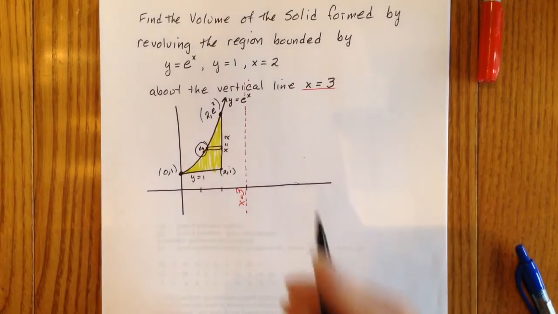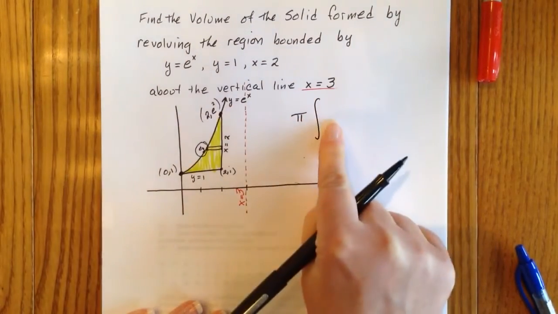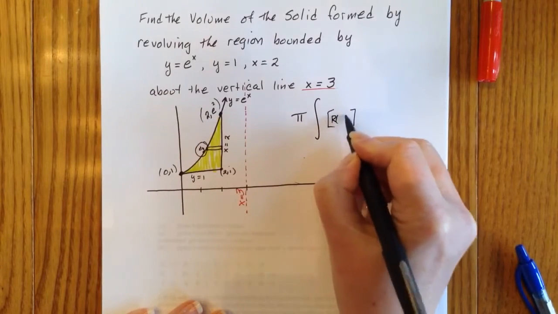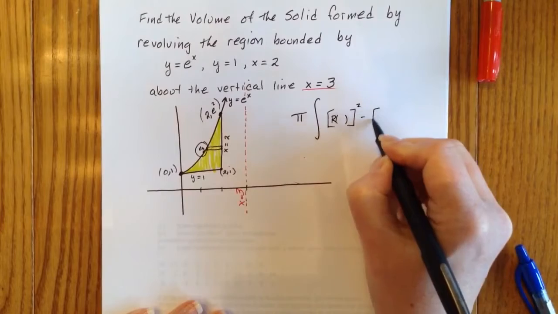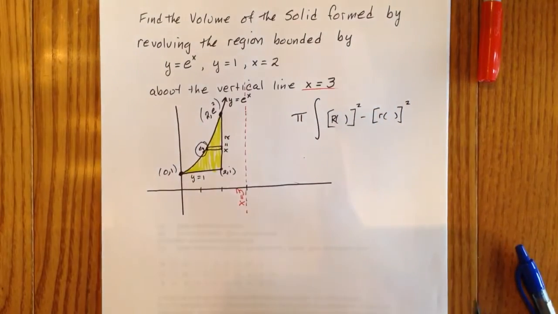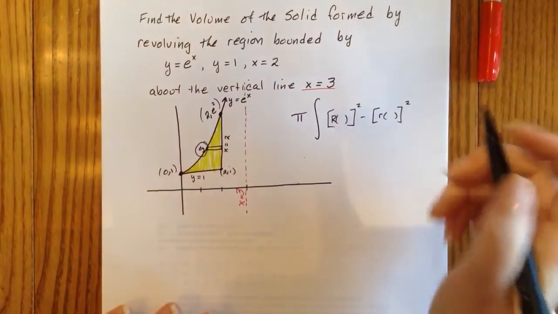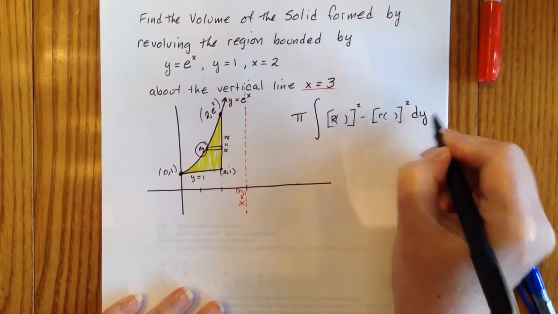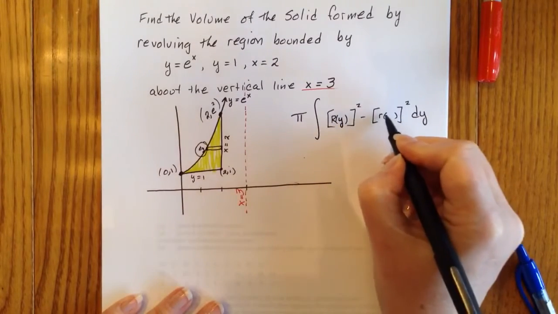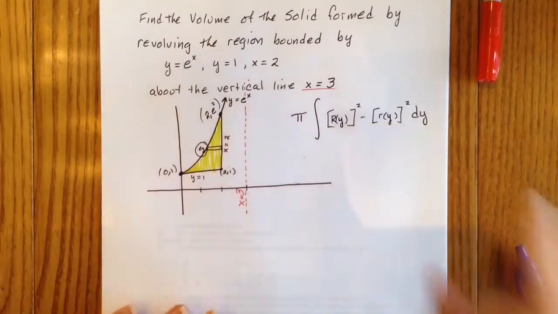In the past, when we did our washer method, we had an outer radius squared minus an inner radius squared. That's still going to be true, but because the height of our washer is a dy, these need to be functions of y.